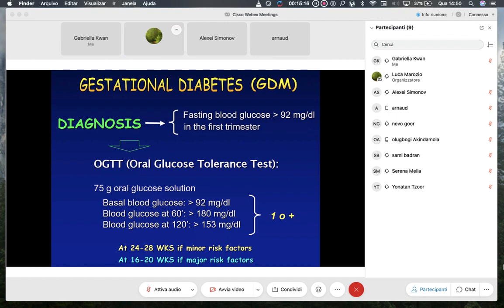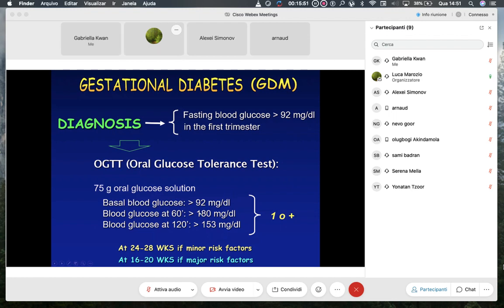A solution with 75 grams of glucose is administered to the patient. And the basal or fasting blood glucose, at 60 minutes, and 2 hours after taking the solution are measured.